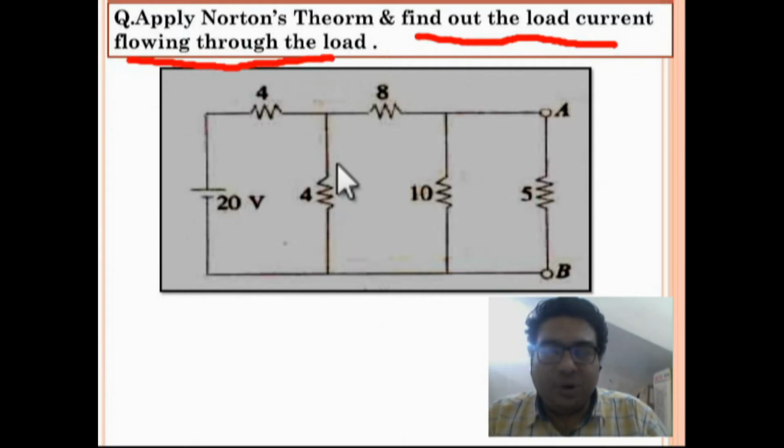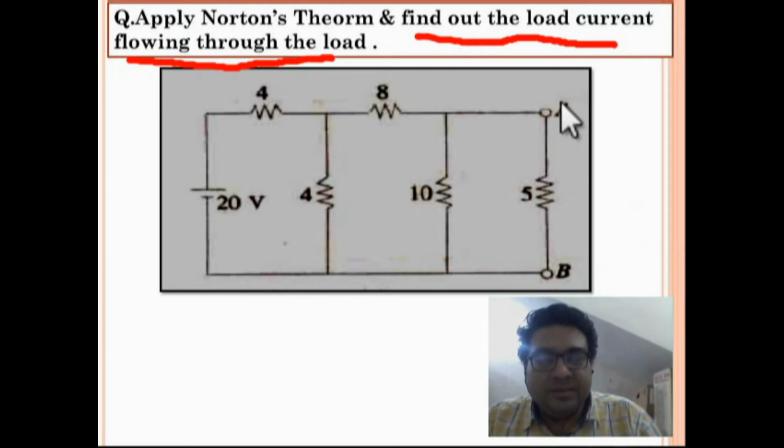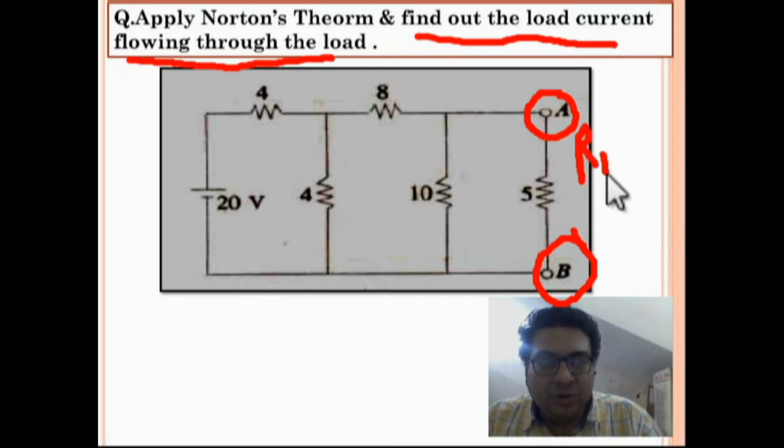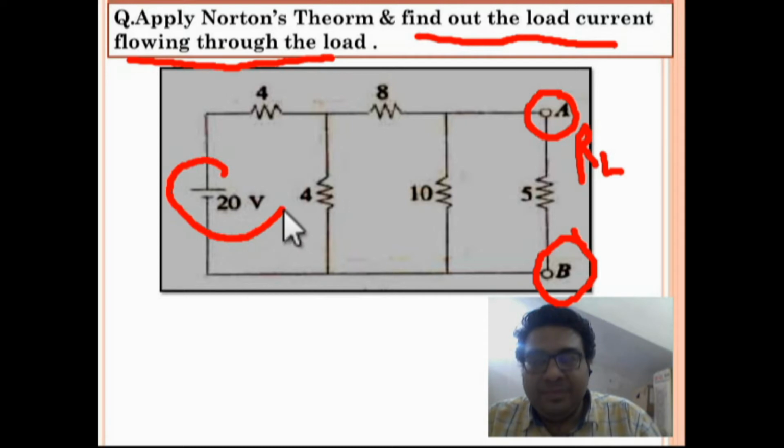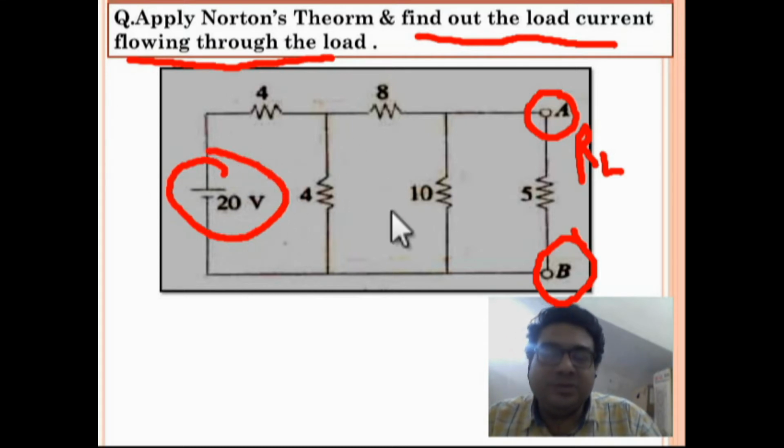And these are the terminals A and B where RL is connected. This is called RL, load resistance of 5 ohm, and on the extreme left a 20 volt voltage source is connected, and there are resistances connected in this fashion. Now you have to apply Norton's theorem and find out the equivalent diagram first, and then the load current.